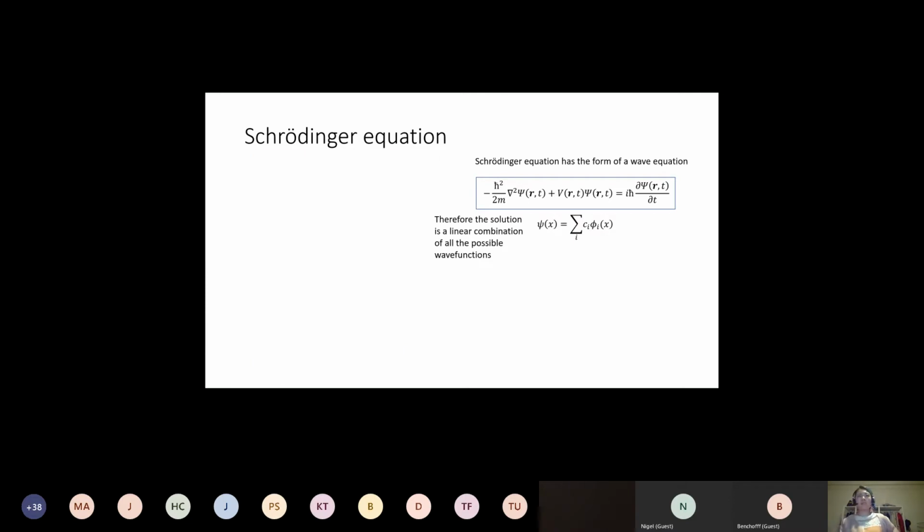And then they must have wave solutions, also called wave functions. The derivation led us to know that the solutions would be a linear combination or superposition of all of the possible wave functions. So very rigorously, you can derive this result. And that's why in quantum computing, we're using the fact that if you have one qubit, you can have two different possible states in superposition.